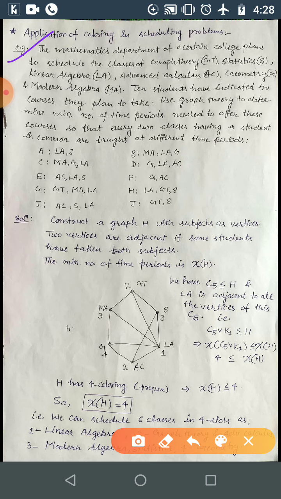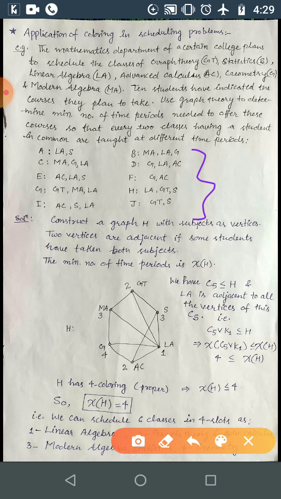These subjects are given: graph theory, GT; statistics, S; linear algebra, LA; advanced calculus, AC; geometry, G; and modern algebra, MA. There are 10 students, indicated by A, B, C, D, E, F, G, H, I, J. The 10 students have indicated the courses they plan to take. Here is the data for the students and the courses they are planning to take.